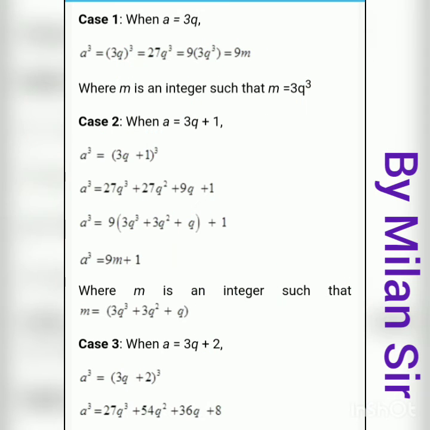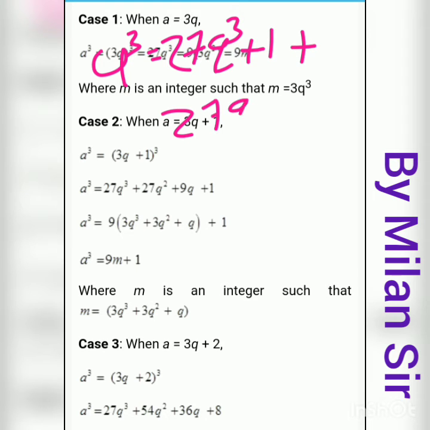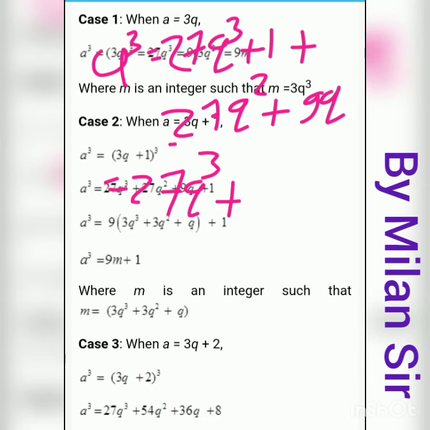So what we get here: a cube is equal to 27q cube plus 1 plus 27q square plus 9q. Now arrange the terms as per the exponent. First of all 27q cube plus this term 27q square plus this 9q.